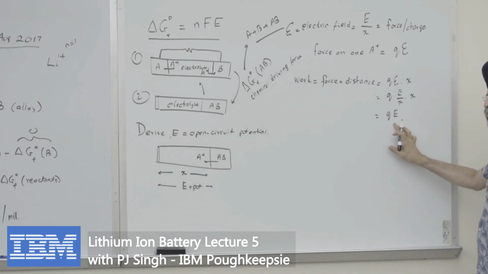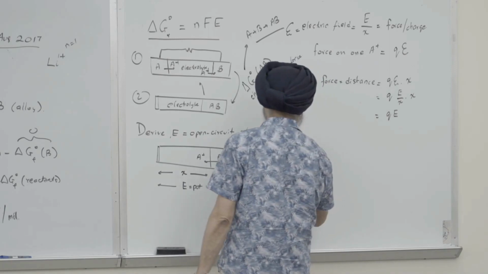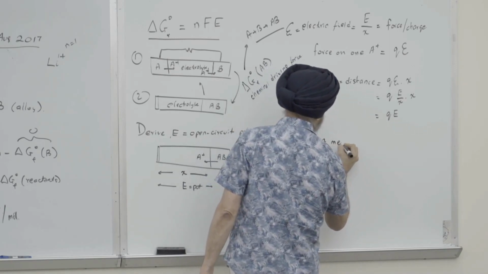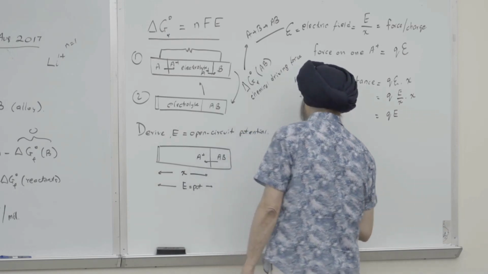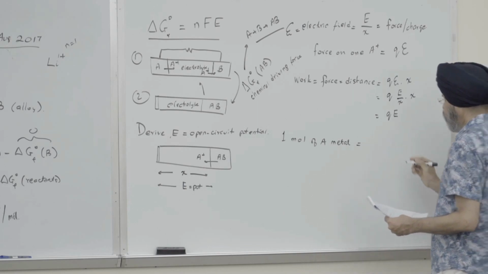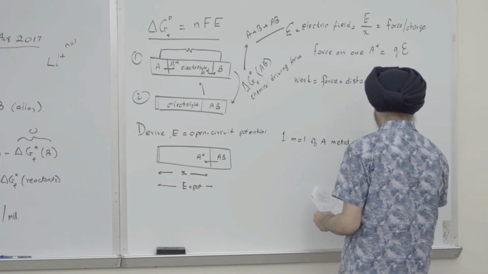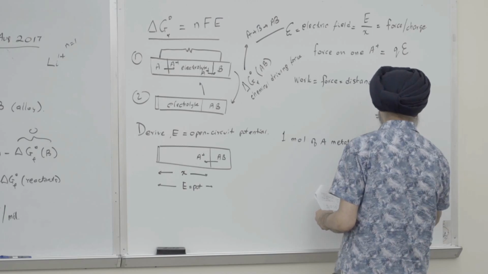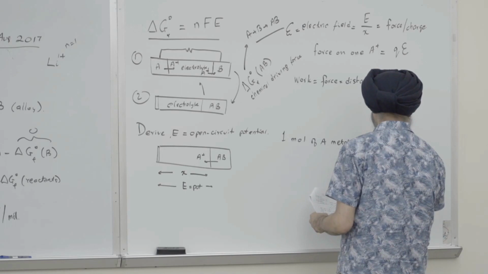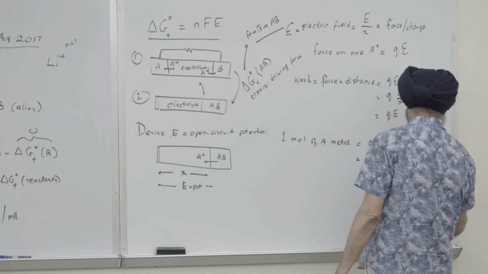Now, in 1 mole of A metal, how many A atoms do we have? We have Avogadro's number, that's 6.02 times 10 to the 23 A atoms.